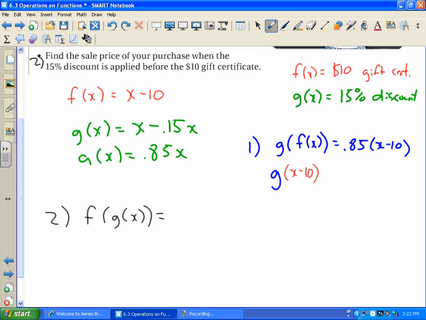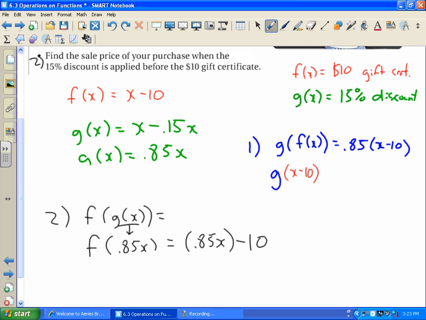So again, g of x, that's what I'm looking for. G of x is 0.85x. So this problem's asking me to find f of 0.85x. F of x equals x minus 10. Then f of 0.85x is going to be 0.85x minus 10.